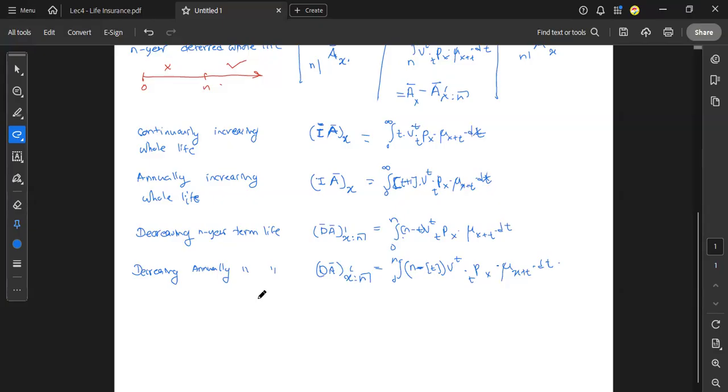But if you get something like this, I mentioned that we can replicate an insurance portfolio, so the product can be replaced by two or more different insurance types. For the increasing case, you can think like this.